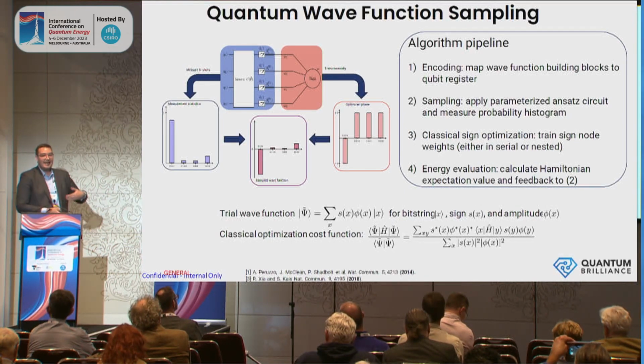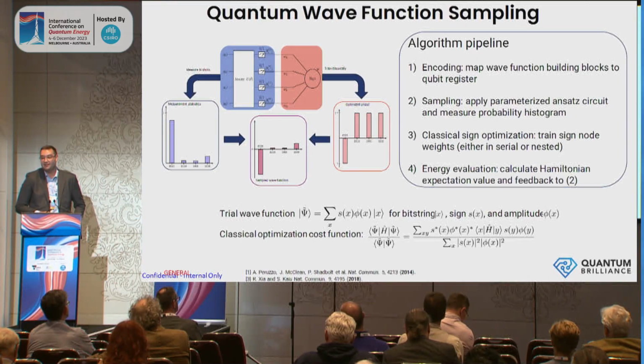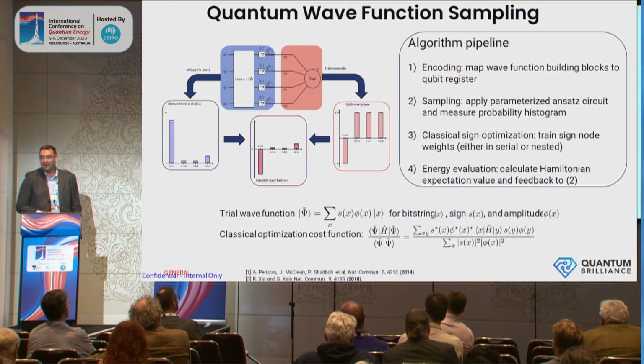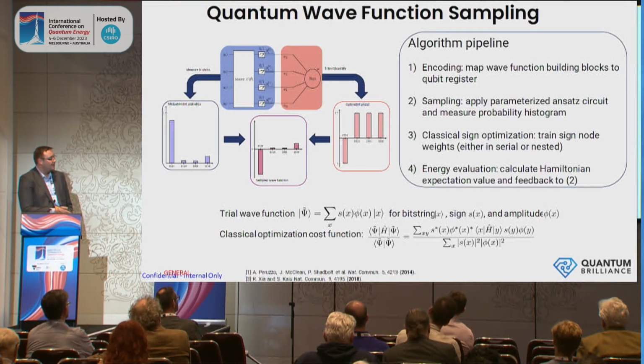And then while the next iteration is running, optimize at the same time the parameters of your classical part. So it's, in a sense, a highly hybrid integrated algorithm, if you do it that way. And then finally, you need to calculate the energy by evaluating the Hamiltonian expectation value to get the feedback.